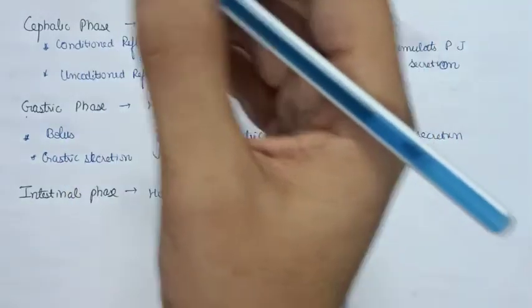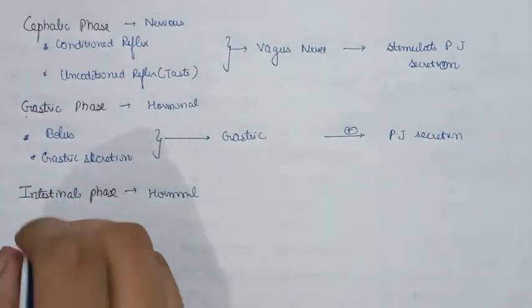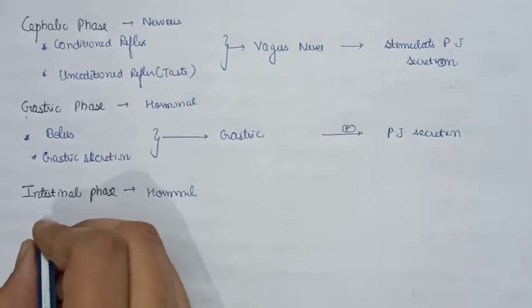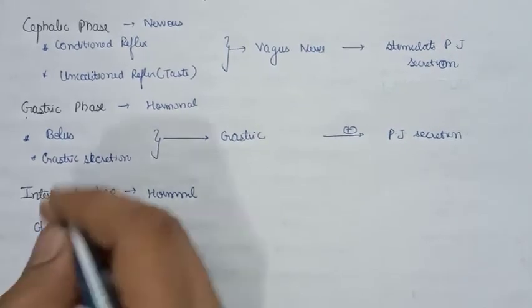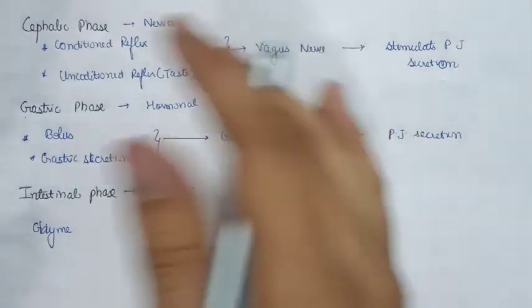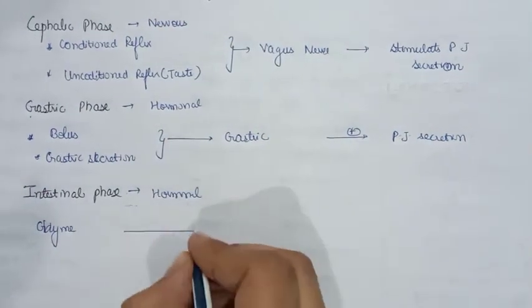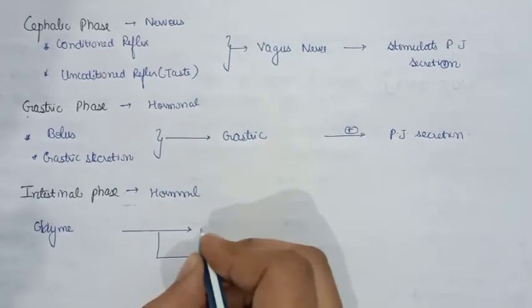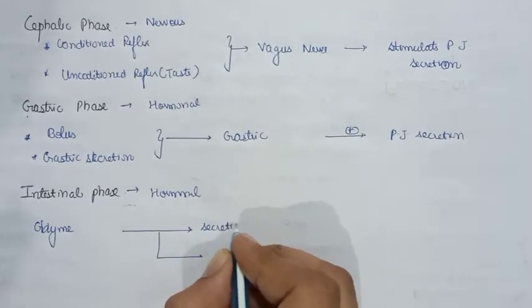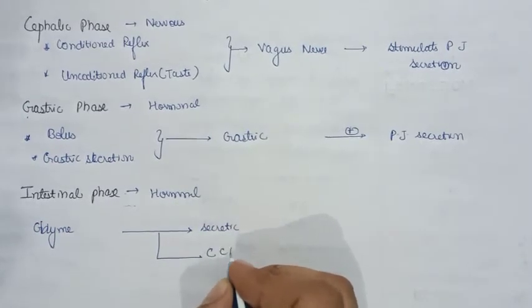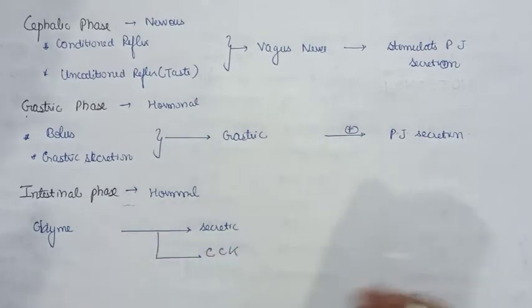When the chyme from the stomach enters the intestine, that is the first part of the duodenum, it stimulates the secretion of two hormones, secretin and cholecystokinin. CCK stands for cholecystokinin.